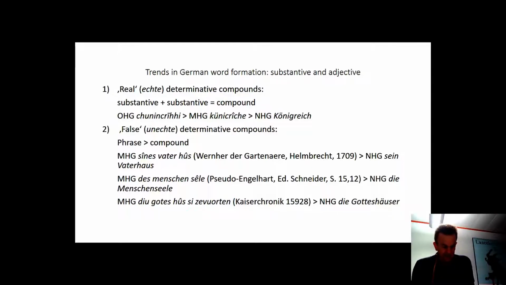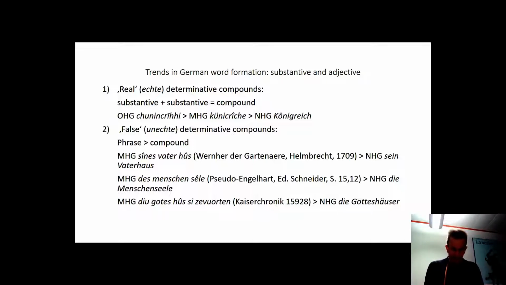We are dealing with cases such as Gotteshaus, the first constituent of which, Gottes, makes it clear that it was not originally a compound, but a nominal syntagma made up of the genitive attribute Gottes and the nucleus Haus, or Middle High German hus. This type of composition is attested in Middle High German, but its implementation faced certain obstacles.